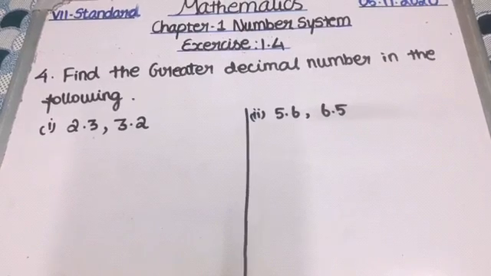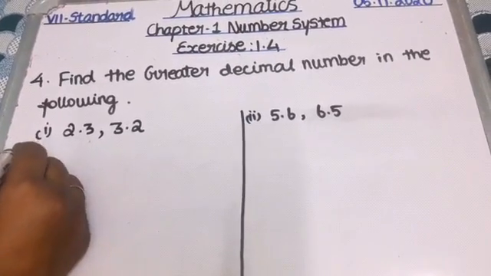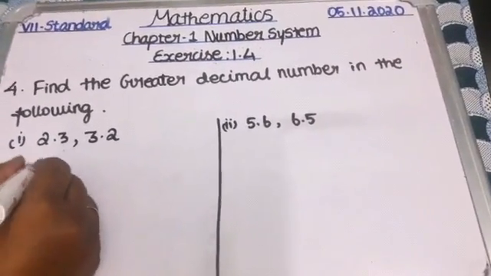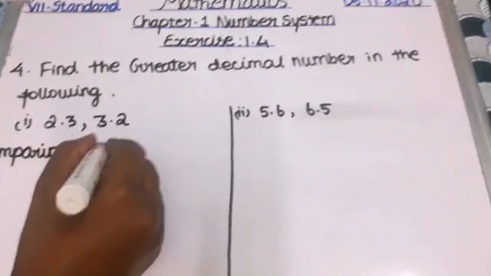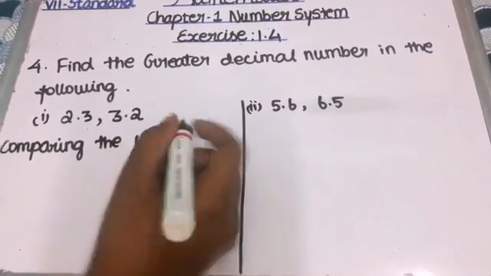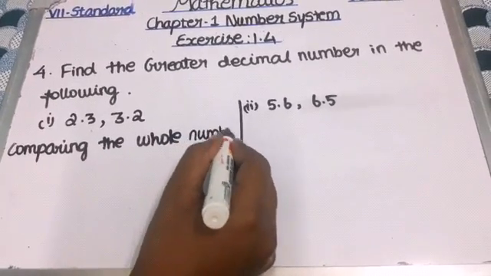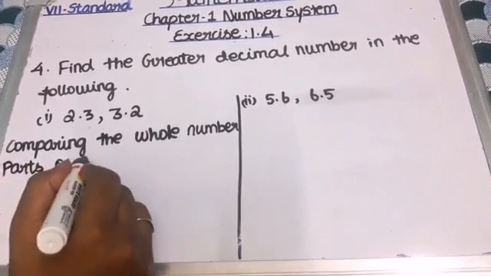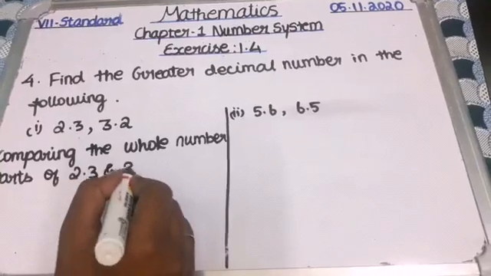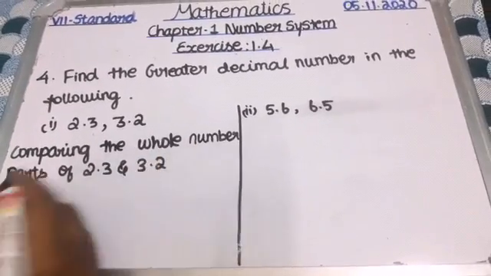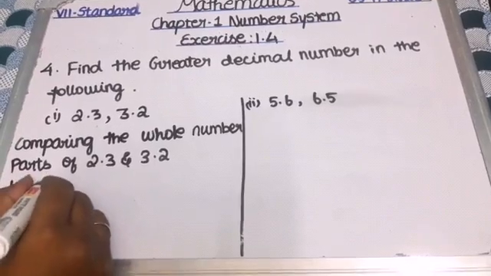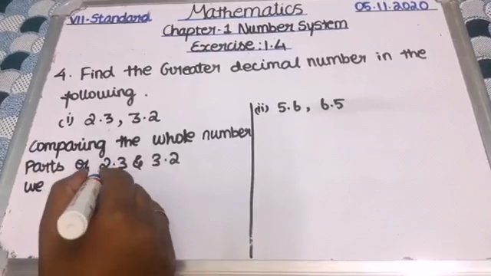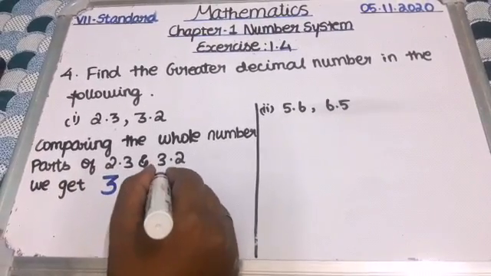For that, it is easier when we compare the decimal numbers with the whole number parts. So comparing the whole number parts of 2.3 and 3.2, then we get 3, 2.